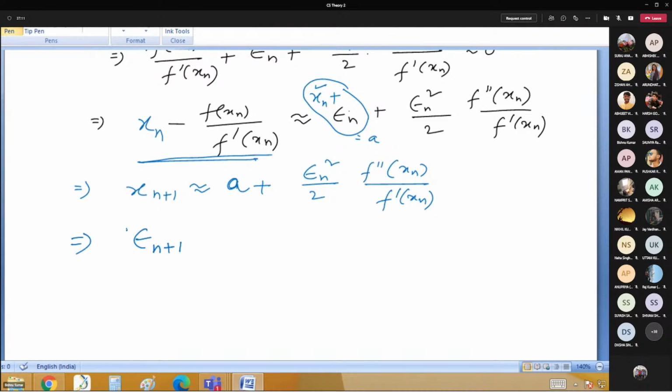So that is approximately equal to epsilon n square by 2 f double dot epsilon by f dot.